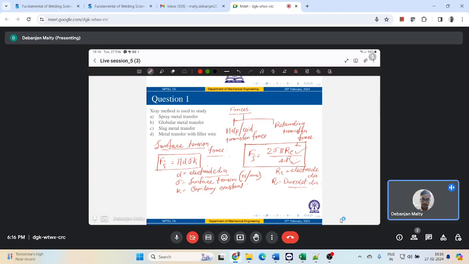Then you have viscosity, right? Now, is it a retarding force or is it an aiding force? Viscosity is also a retarding force. Whenever your high velocity gas jet strikes the job, it will get back, or it will retard the movement of the metal drop, right?